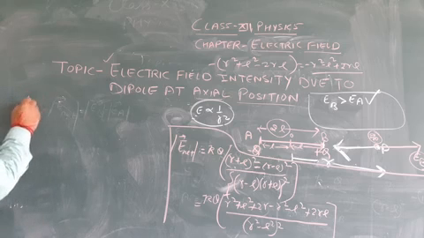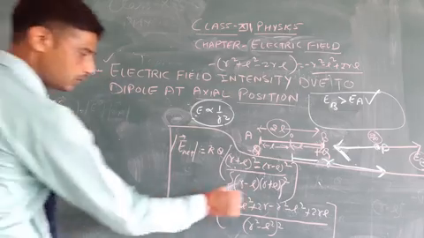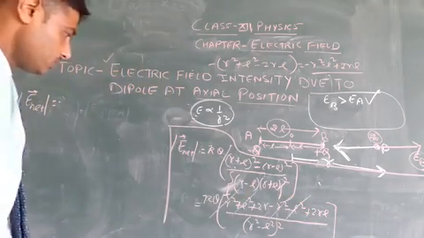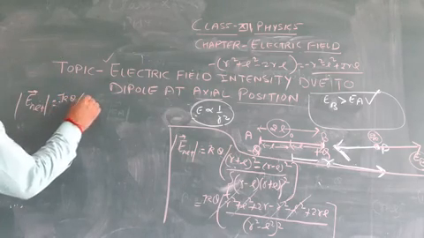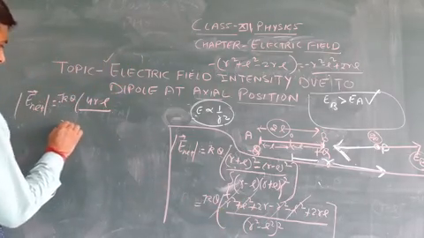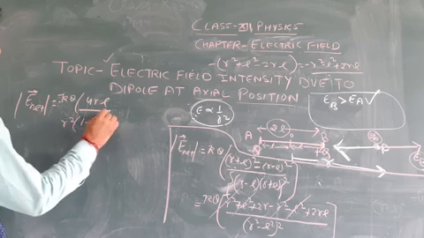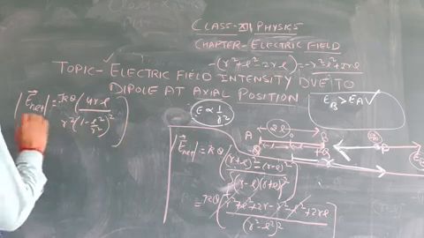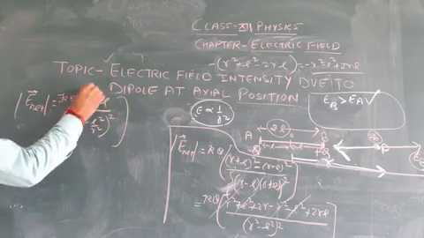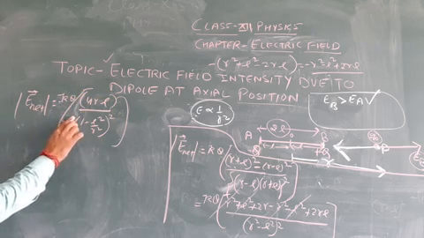So E net equals, R cancelled by R, L cancelled by L, K times 4RL upon, you can take R square common, R square into 1 minus L square upon R square, whole square. This becomes 4.